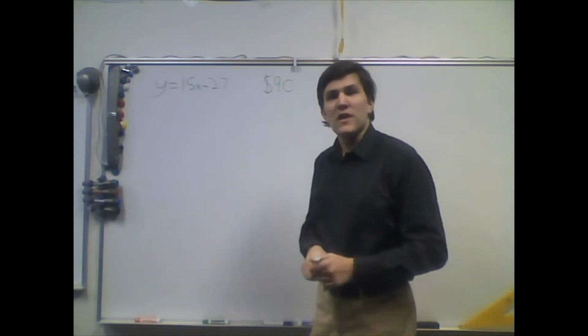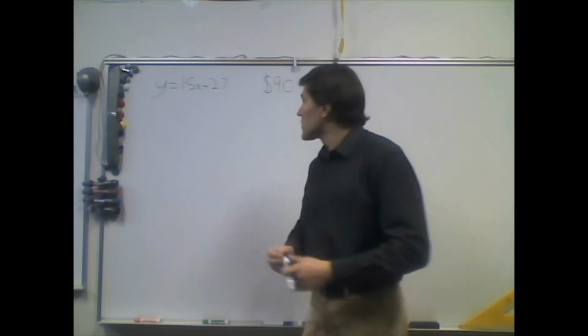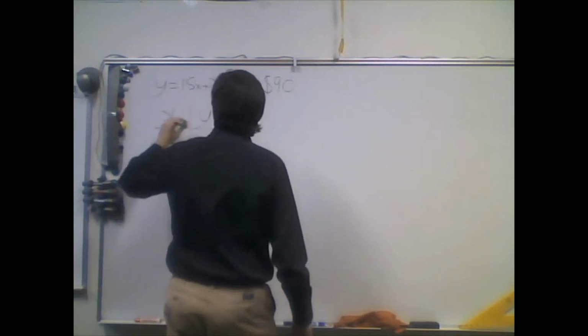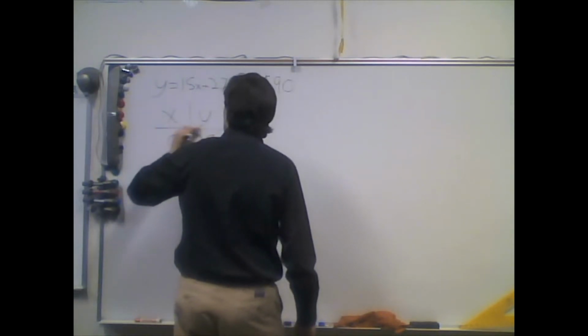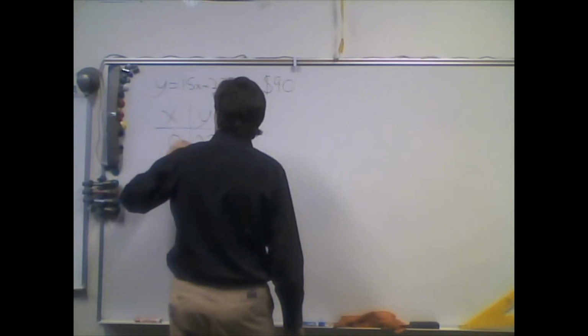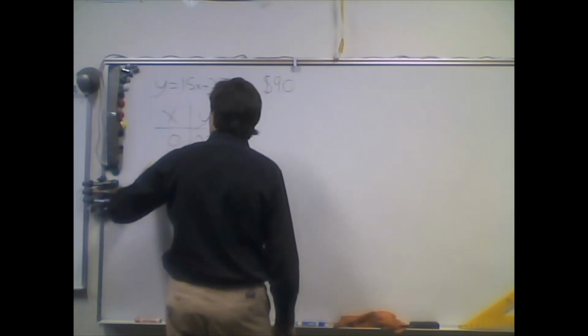One way to do this is to simply build a table. So at the start, we're going to have, at week 0, $27 in savings. And each week, we're going to add 15 to that.